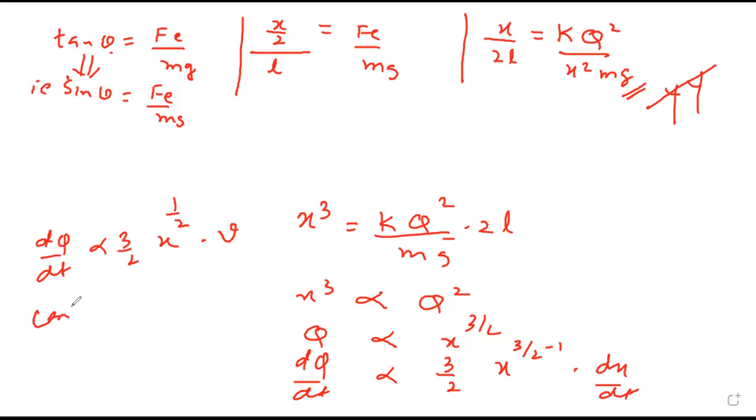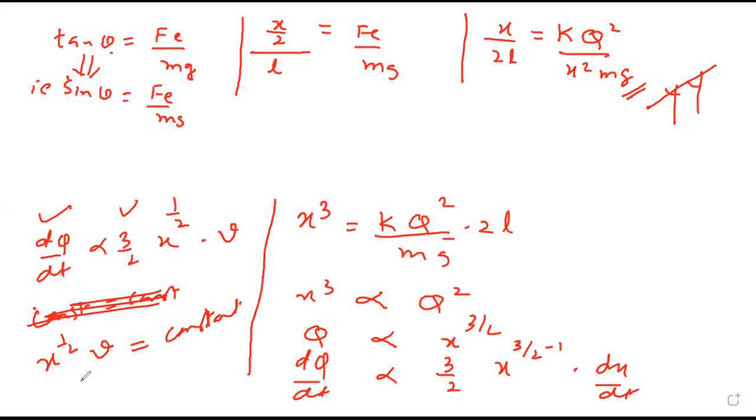Now this is constant equals constant. Have you understood? If I bring it here, this whole thing is constant, this and this. So we can say x raised to half into v is equal to constant. These all are constant. Not followed?